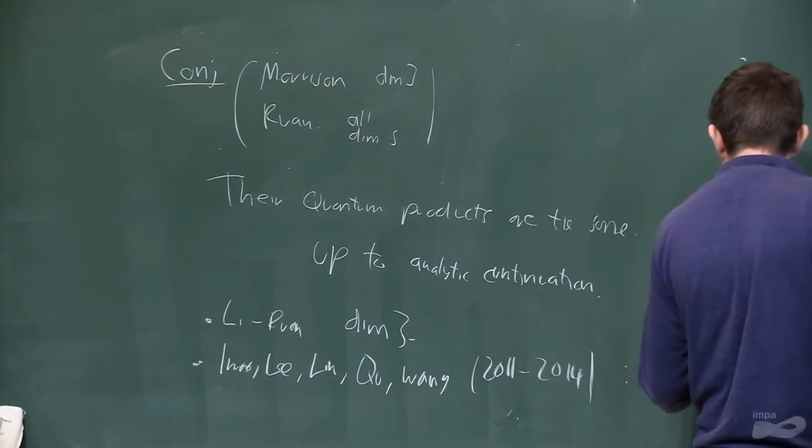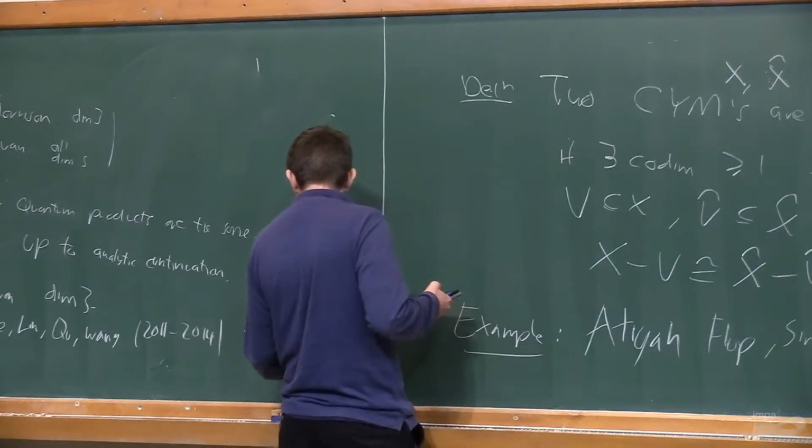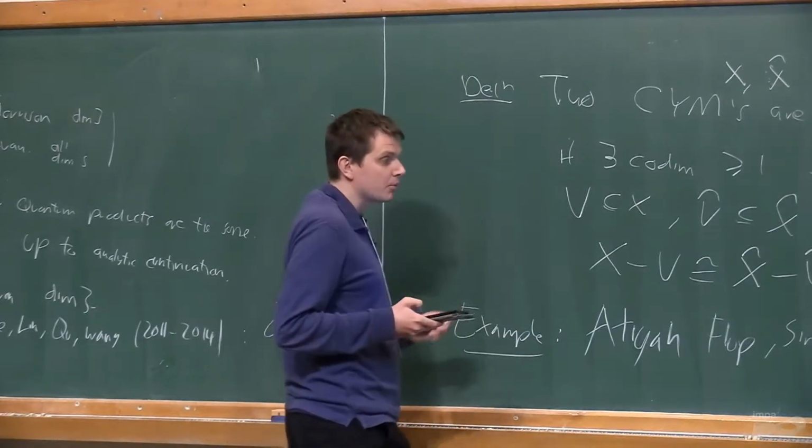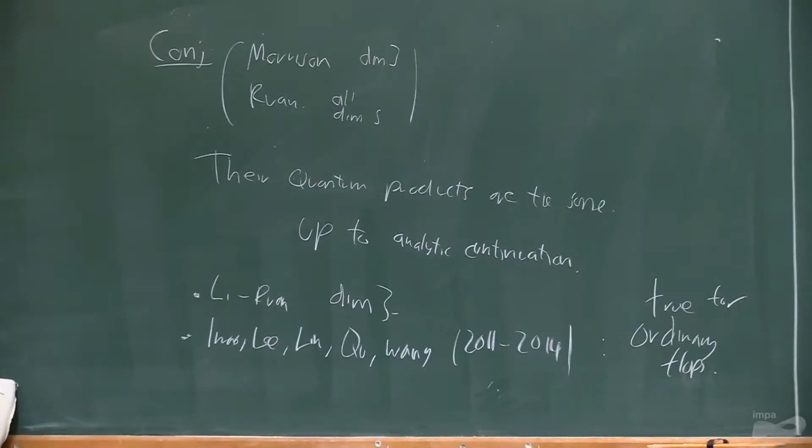They had to develop quite a lot of technology to do this, as an ordinary flop is a generalization of the Atiyah flop.